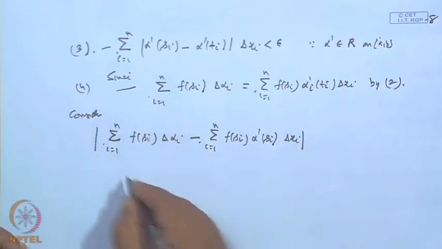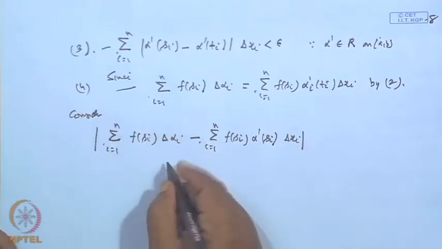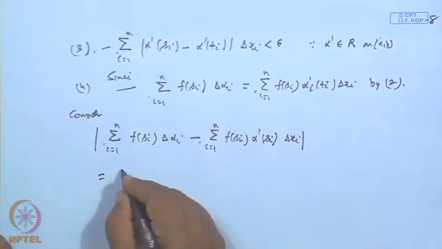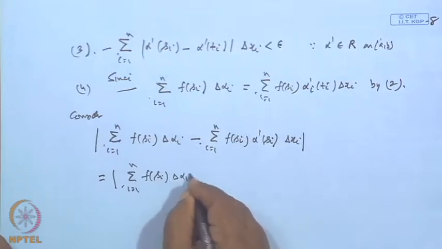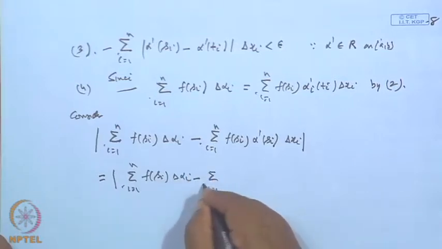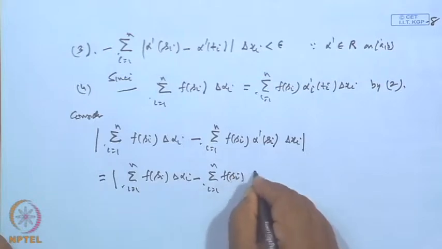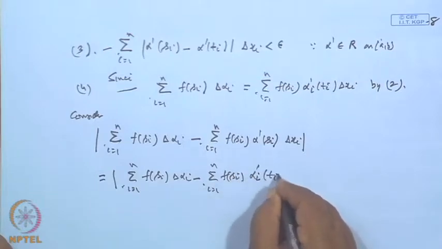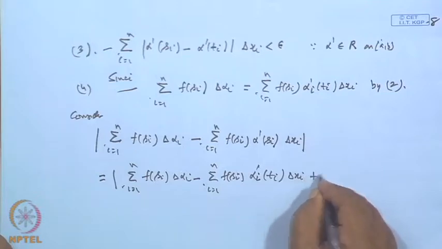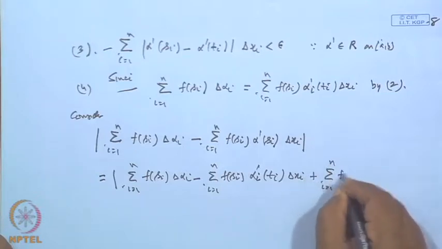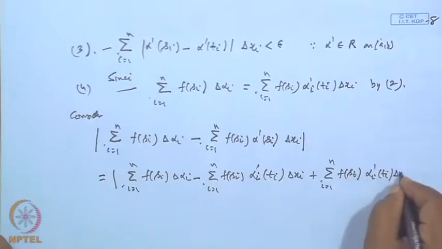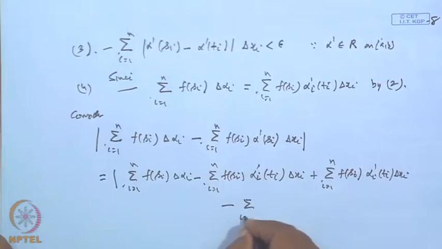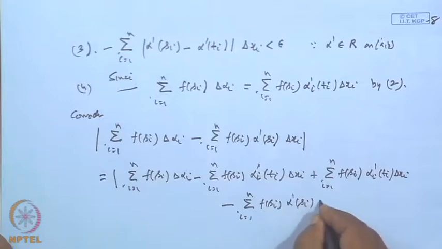consider this. Now, this can be written as the modulus of the sum from i equals 1 to n of f(s_i) delta alpha_i minus the sum of f(s_i) alpha dash(t_i) delta x_i, plus the sum of f(s_i) alpha dash(t_i) delta x_i minus the sum of f(s_i) alpha dash(s_i) delta x_i.